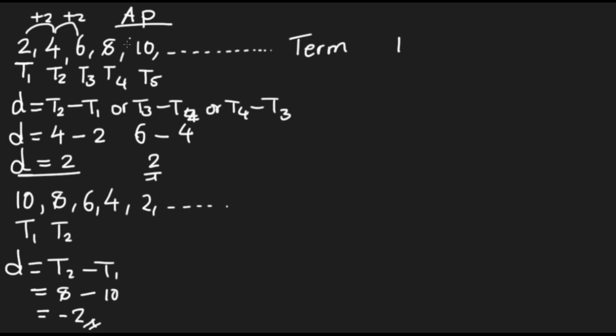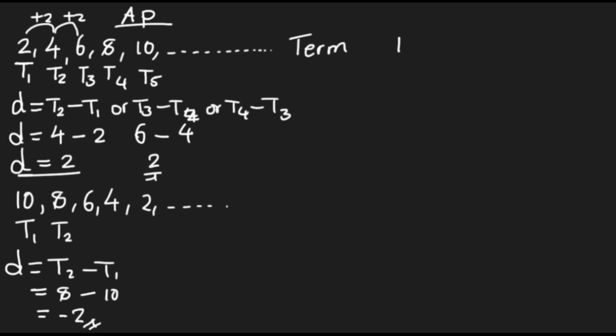Now, away from the common difference, let's look at what we call the formula. There is a formula that we can use to find the position. This formula is known as the nth term formula.